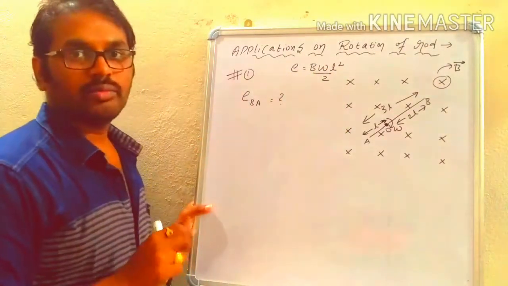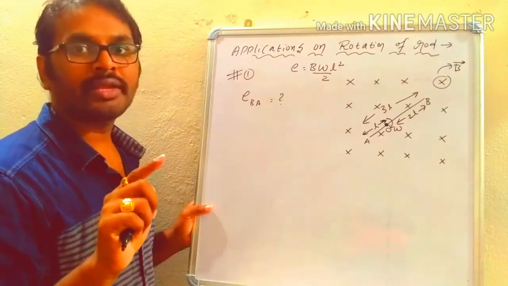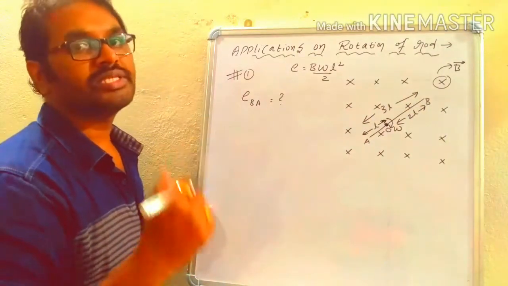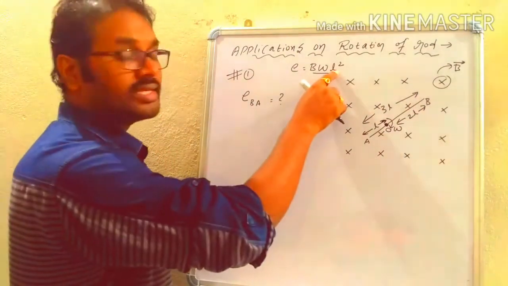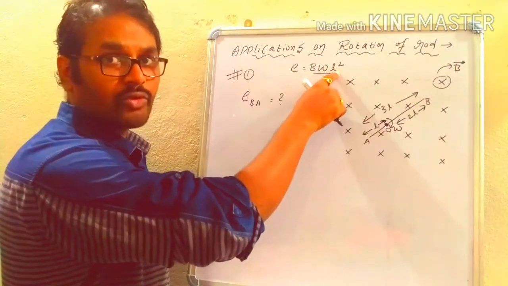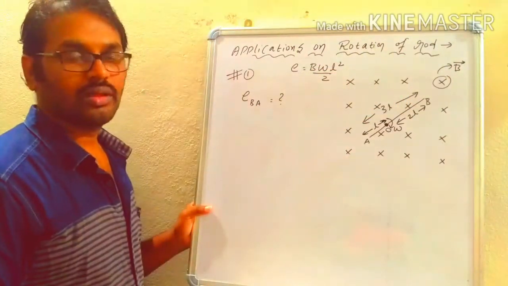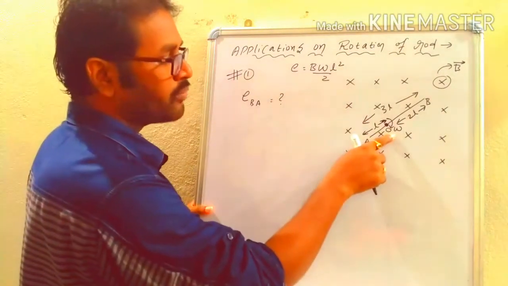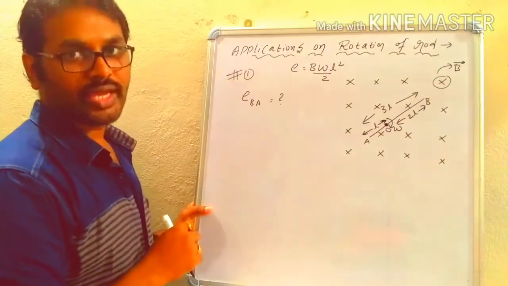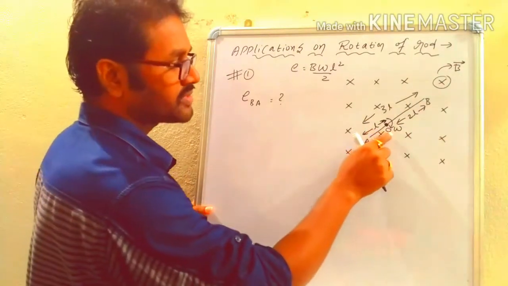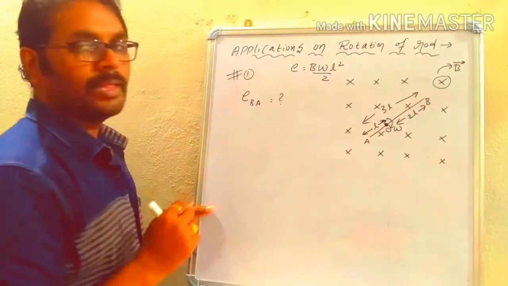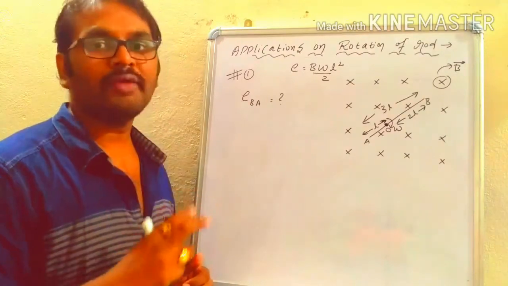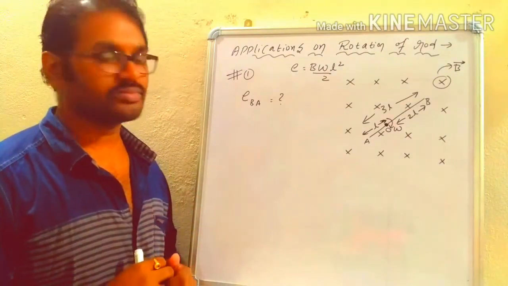This is applied between two points, where one point is the axis of rotation and the other point is at some distance from the axis, and L is the length from the axis of rotation to the given point. Now apply this result between point O and point B to get the induced EMF across O to B. Now tell me, out of these two points O and B, which point will be at the higher potential?